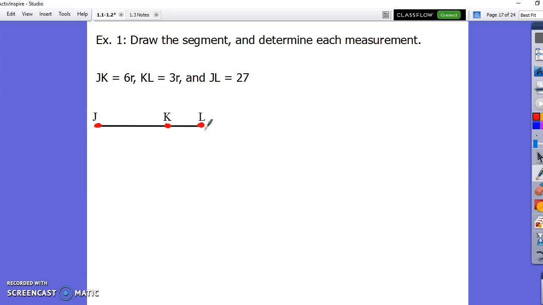Now, whenever we're solving problems like this, and we are going to, I will tell you right now, we're starting what's called segment addition. All right. But what we do here now with segment addition, in a couple weeks, we are going to do a similar thing with angles.